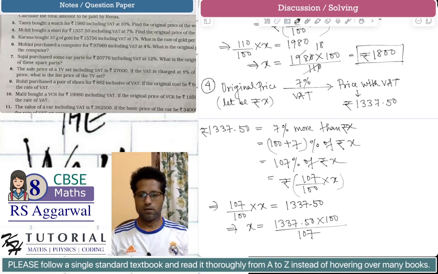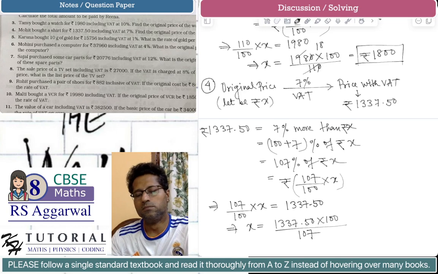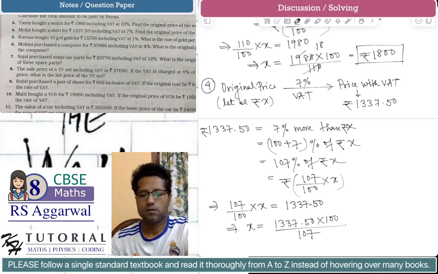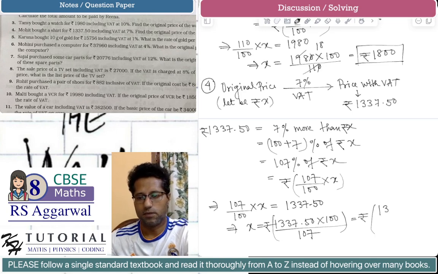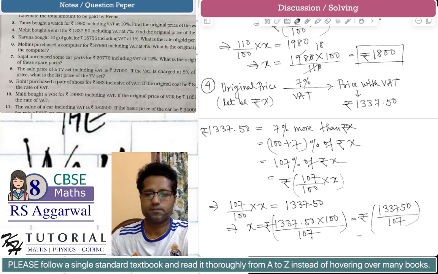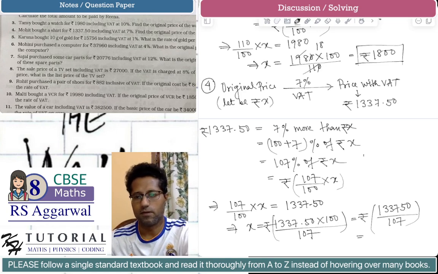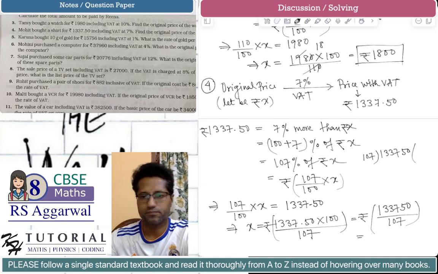So this is equal to rupees 133750 divided by 107. I hope 107 will completely divide 133750.